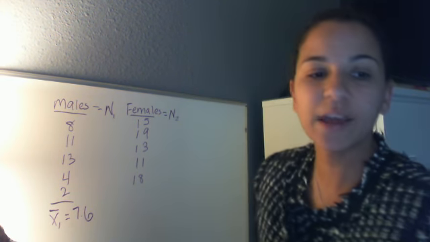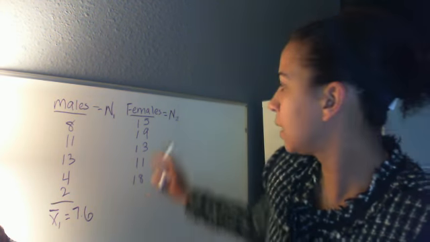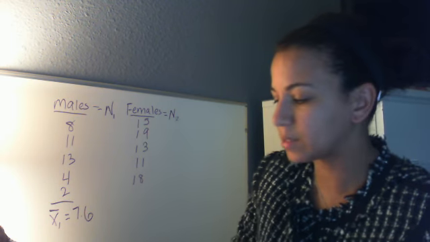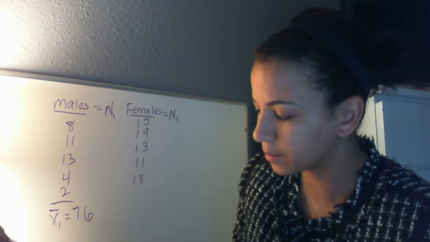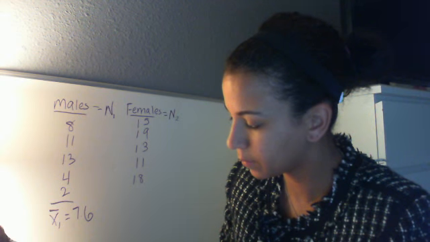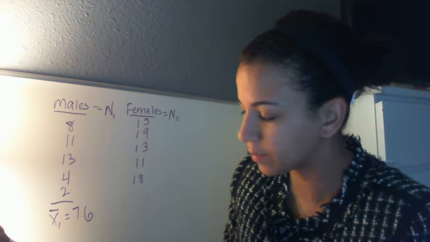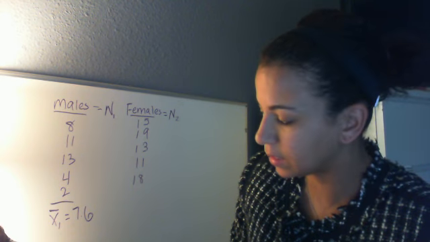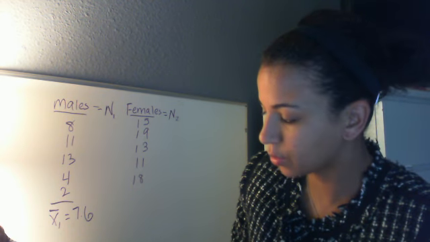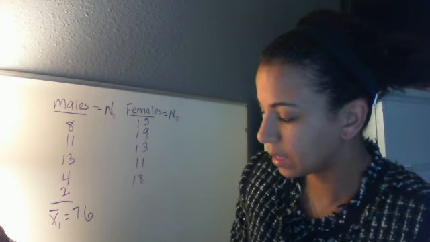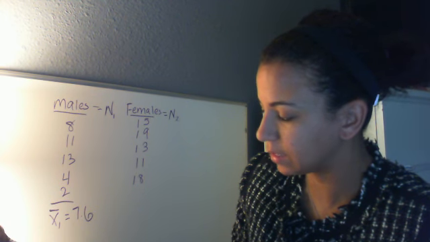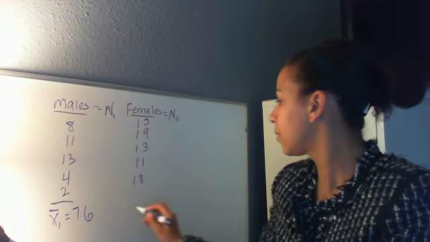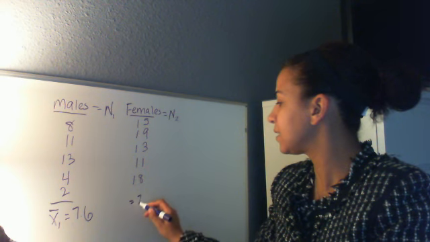All right, if I do the same exact thing for women, I'm going to add these up and work out the women's side totally. If I add 15 plus 19 plus 13 plus 11 plus 18, if I sum all those up, I basically get 76.